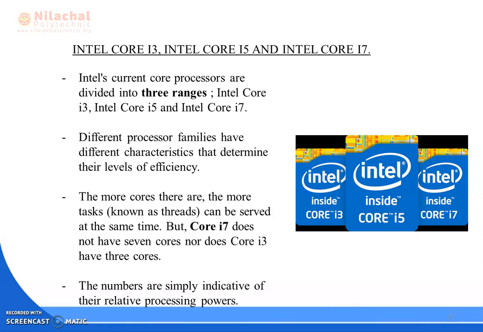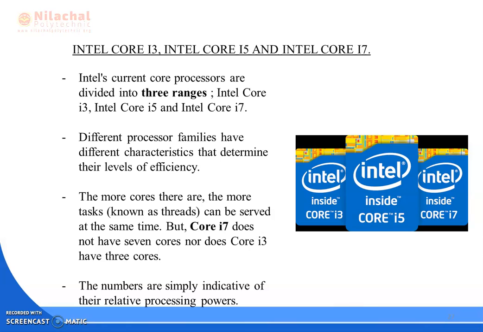So it does not mean that if it is a Core i3 processor, and the next is a Core i5 processor, then it is obviously better than i3, or that if it is i7 there are 7 processors, or if it is i5 there are 5 processors. No, it is not like that. It is simply the determination of the efficiency of the processor by relating their processing powers.